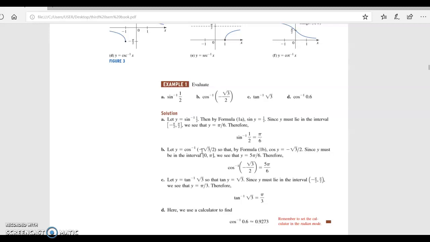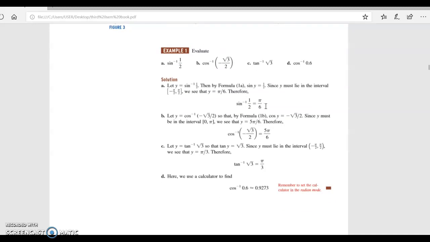Let y equal to cos inverse minus root 3 by 2, so by the formula cos y equal to minus root 3 by 2. First question is clear. In the second, cos y equal to minus root 3 by 2, so y lies in which interval?